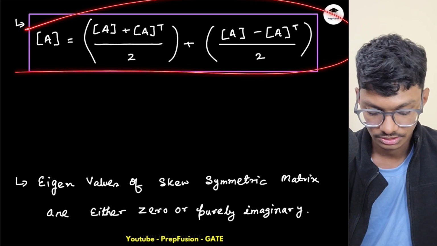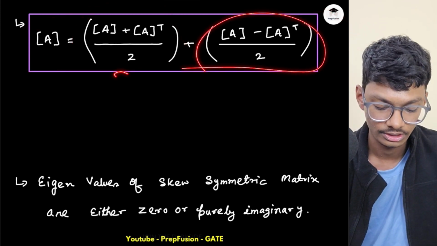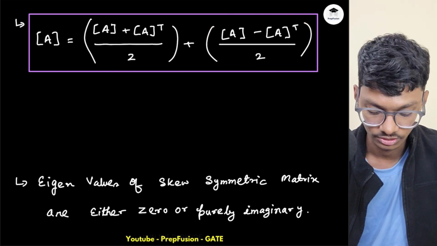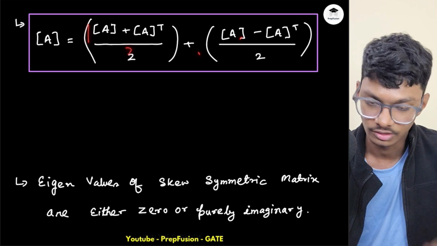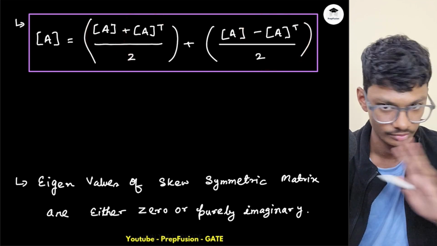Next is this. Any matrix A can be written in the form (A plus A transpose) by 2 plus (A minus A transpose) by 2. If you break this down, this will be A by 2 plus A by 2, which is A only, and A transpose by 2 minus A transpose by 2 will cancel out.